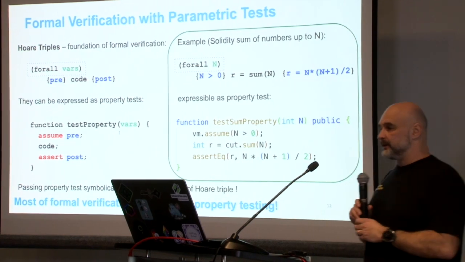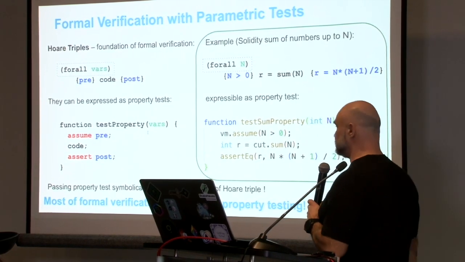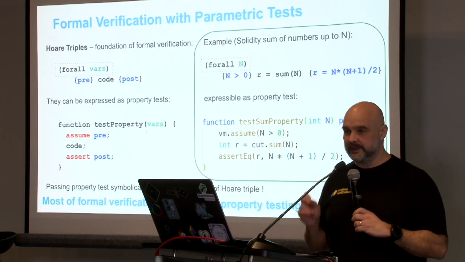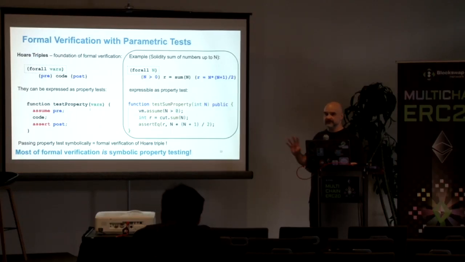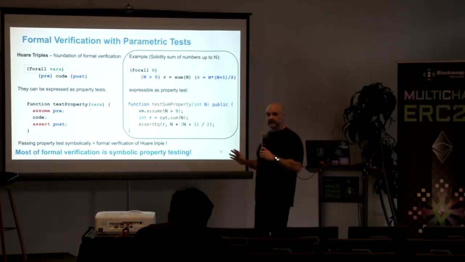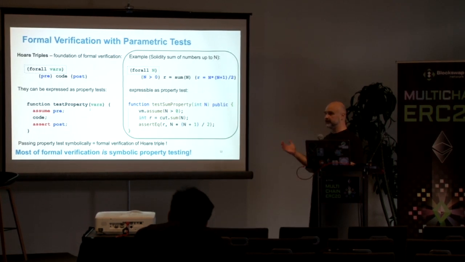One thing that is not super known, and sometimes is misunderstood, is that parametric tests, or property tests, like in Foundry, are almost as powerful as formal verification in general in terms of expressiveness. Those of you who are familiar with formal verification know that the way to specify properties is to use the so-called Hoare triples, or correctness triples.